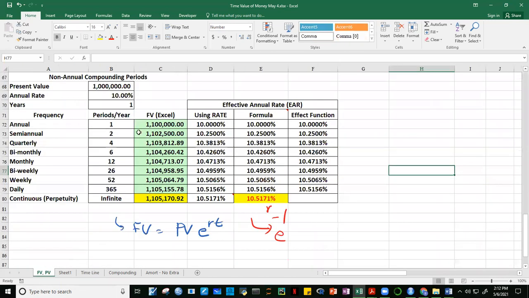Daily is definitely bigger than weekly. So the more compounding per period, guys, the greater will be your future value.